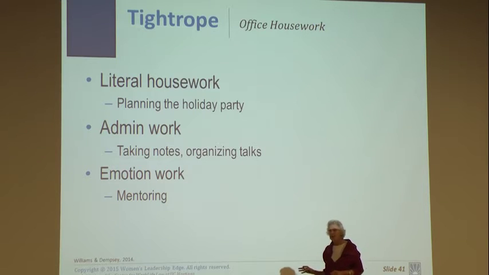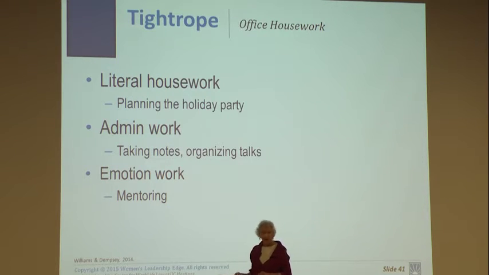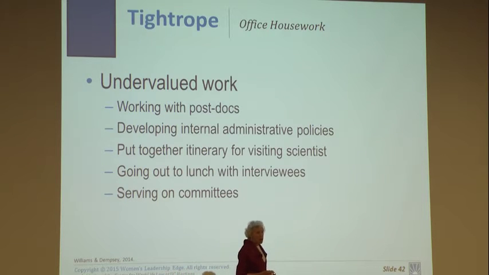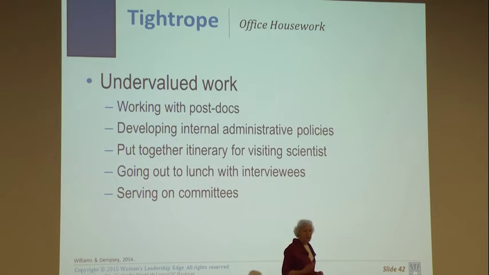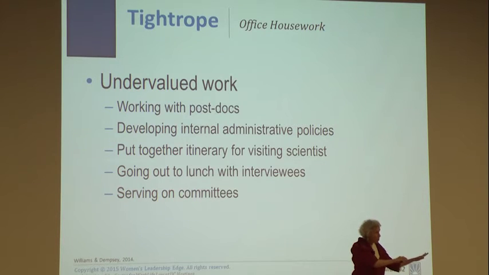One is literal housework. Who plans the holiday party? Another is administrative work. Are women more likely to take notes or organize talks? The third is emotion work, mentoring, for example. And then the fourth is undervalued work, work that's actually important work, but just kind of isn't the glamour work in this environment.